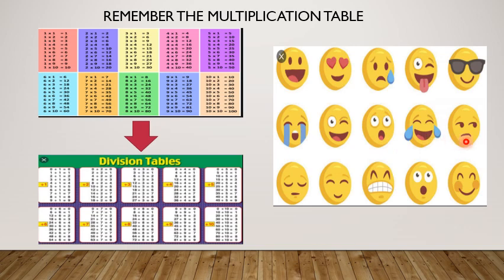Yan yung mga reaction natin dati, yung pinapakabisado yung multiplication table. Tapos even ngayon, yung mga bata, pag tinatanong, remember the multiplication table, wala. Ayan, ang mga reaction nila. Mahalaga yung multiplication table kaya dapat kabisaduhin natin para hindi tayo mahirapan.